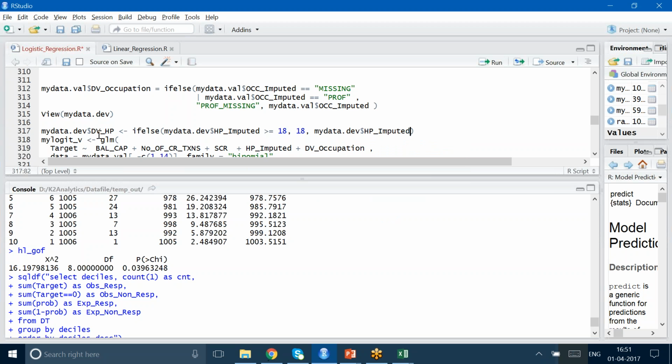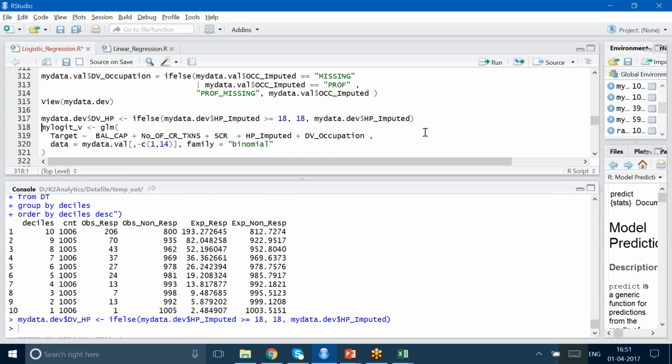So what I'm saying, any value which is greater than 18 has to be called 18, else whatever the value is, it's okay with me. So dv holding period imputed is what we are creating.